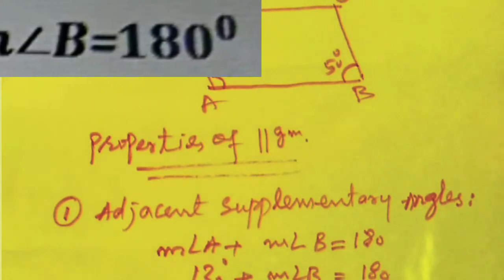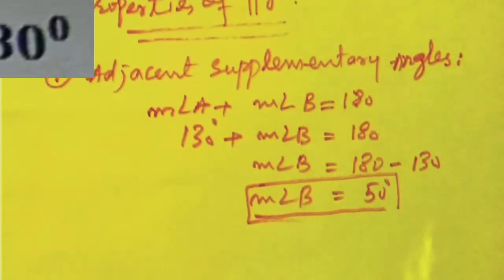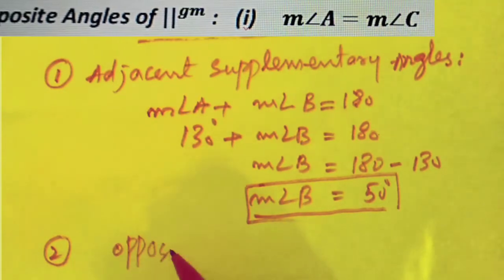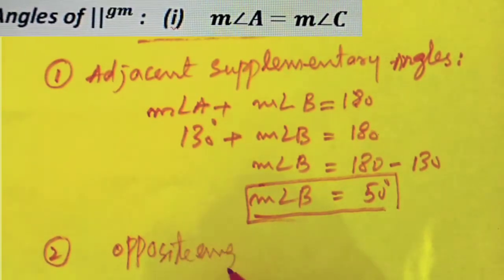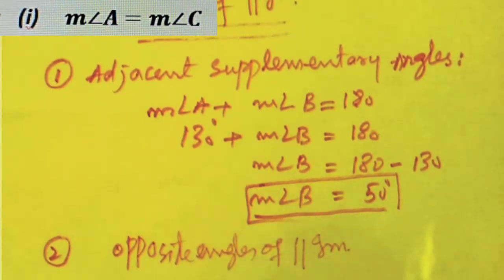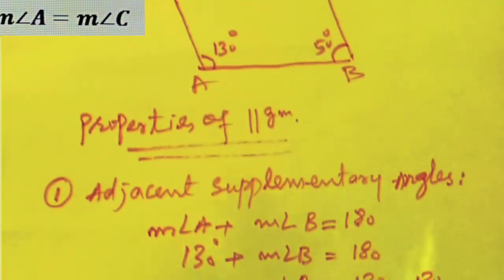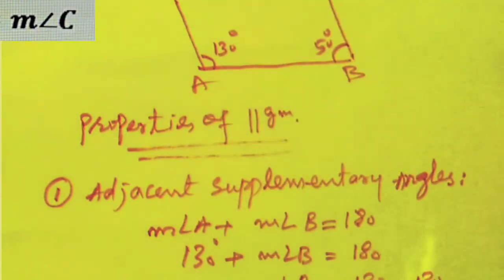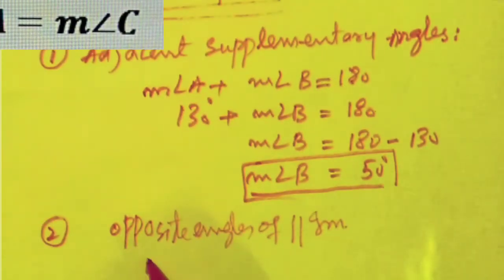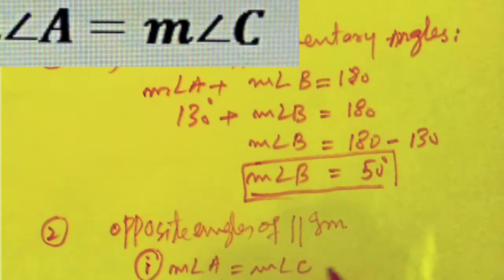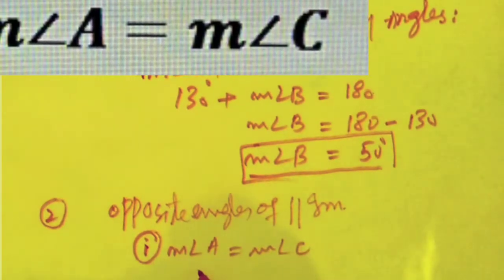The next property, opposite angles of parallelogram, in which angle A is 130 and its opposite angle is angle C. Measure angle A is equal to measure angle C. So the measure angle A is 130 degree.